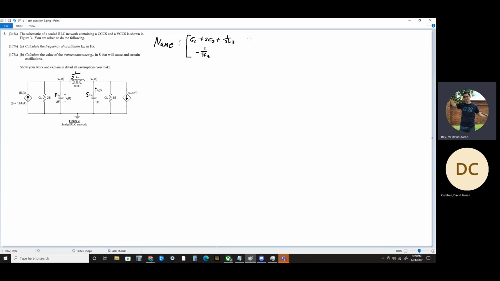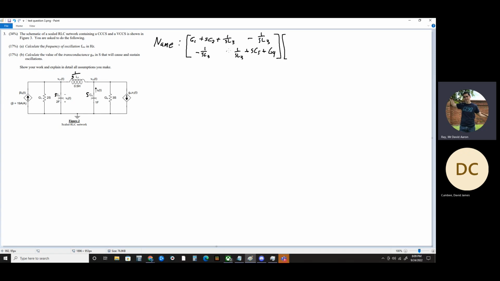The top right is also what's shared between the two, so negative 1 over sL3, and the bottom right is what passive elements go to Vn2. You see there's an inductor, capacitor, resistor. So for that, it's going to be 1 over sL3 plus sC5 plus G4.